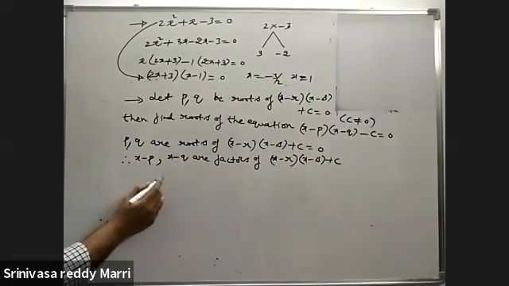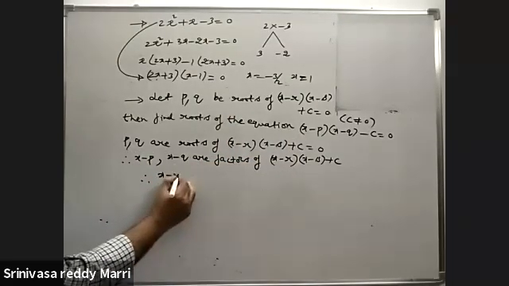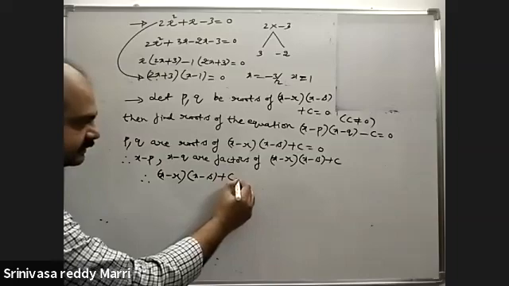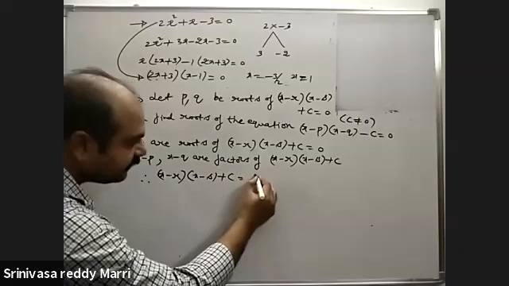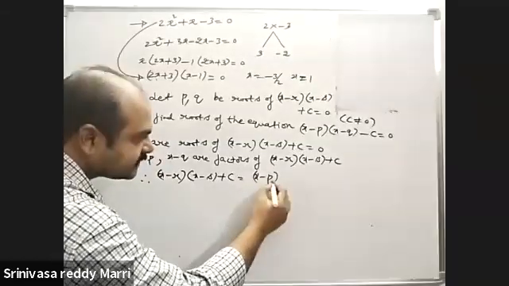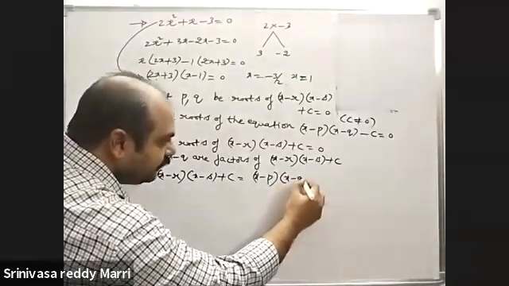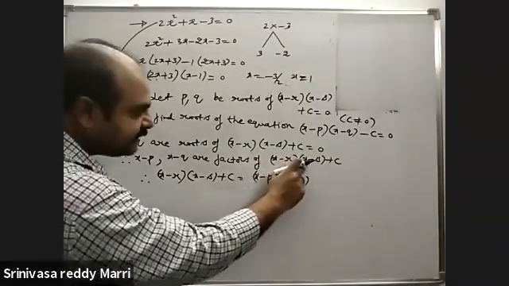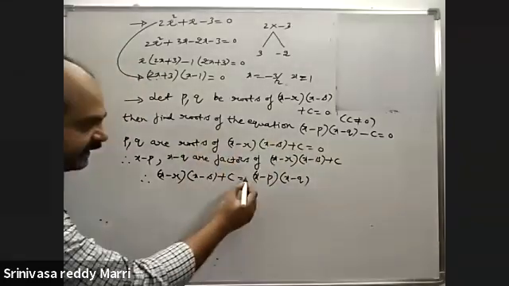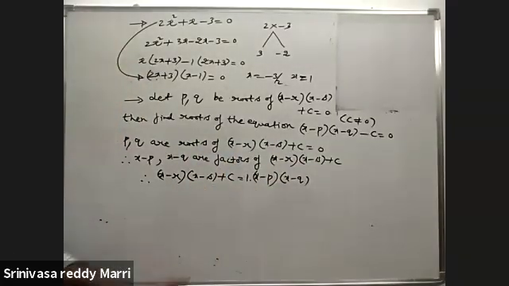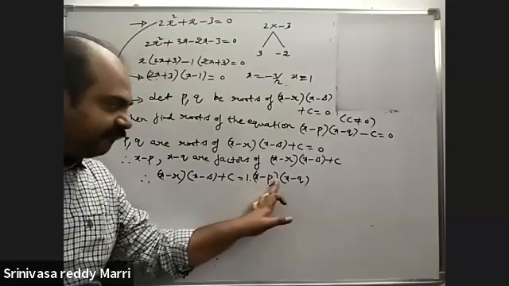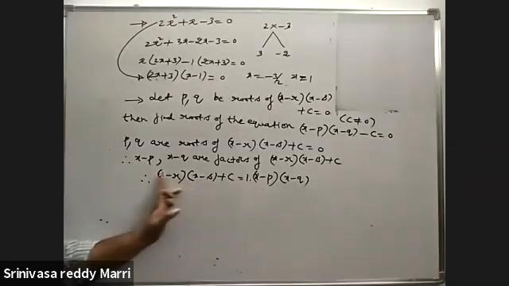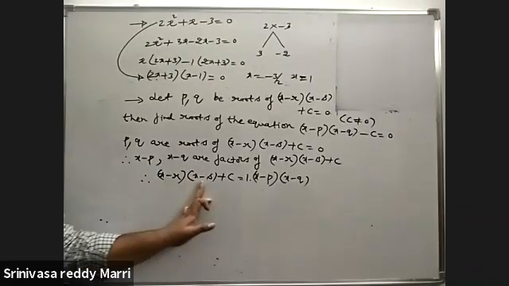Therefore, you can write it as a into x minus alpha into x minus beta, as in the previous theorem. Here, if we multiply with x square, 1 into x square, you get that a is 1.